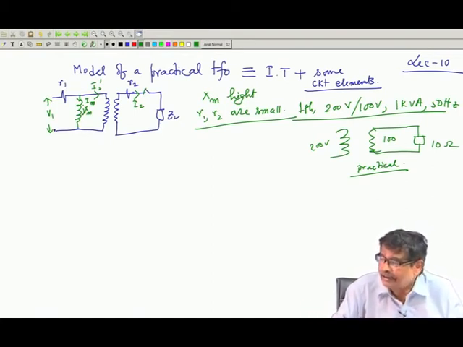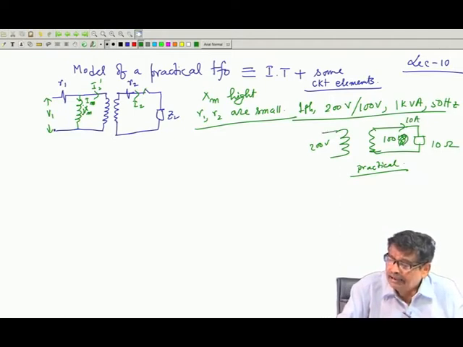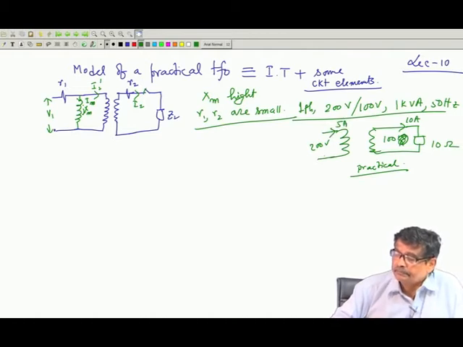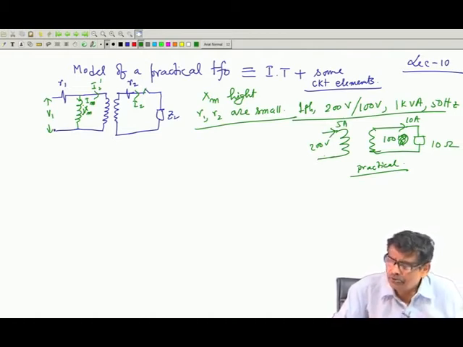This side 100 volt, 10 ohm, so 10 ampere, sorry, this current is 10 ampere, and this current is 5 ampere, and this voltage is close to 100 volt if you have applied 200 volt here.